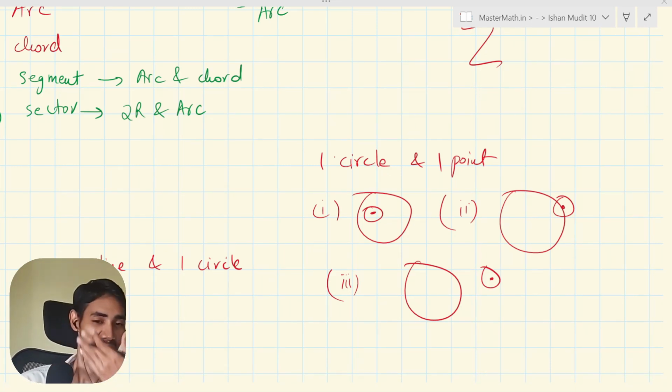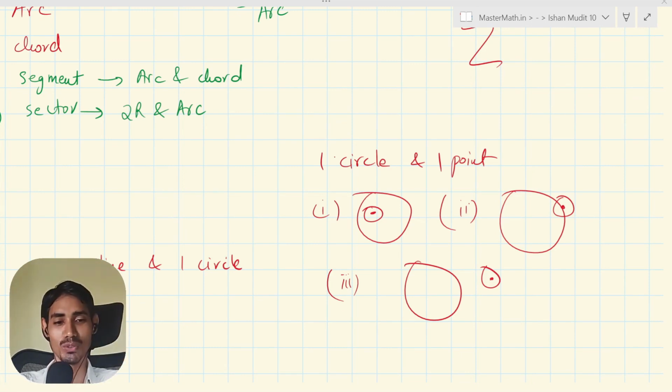Three possibilities. All right. So you can explain, Moita, what it is. One as a chord, one as a tangent, and one outside.